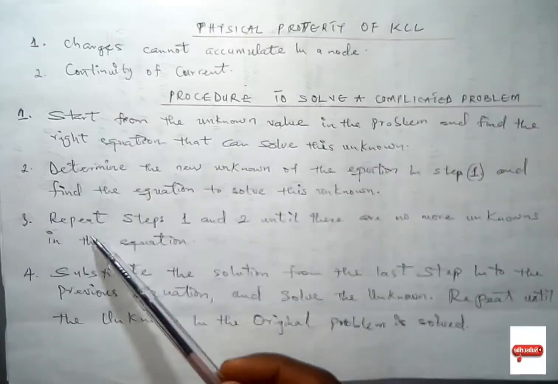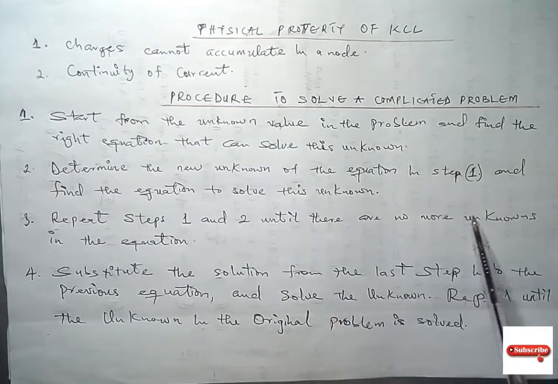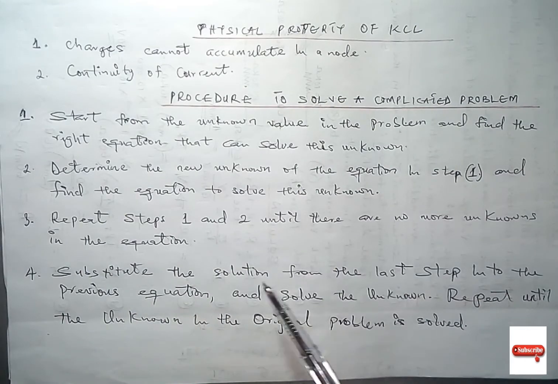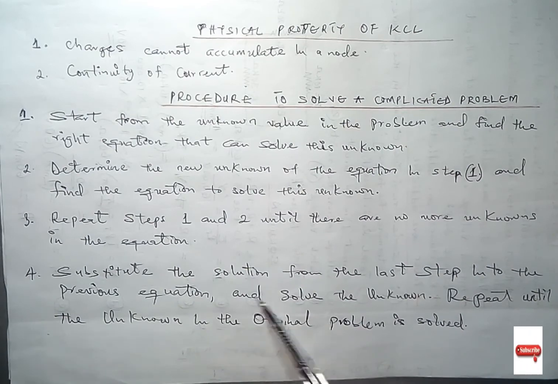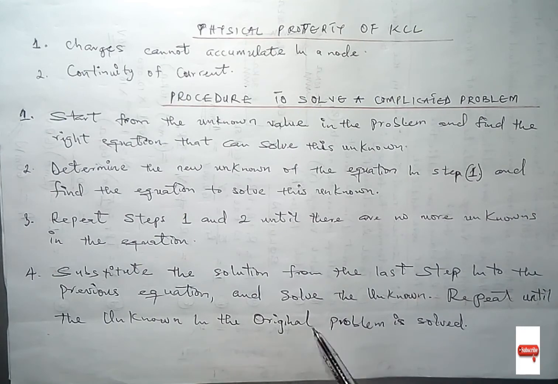Repeat steps 1 and 2 until there are no more unknowns in the equation. The last part is to substitute the solution from the last step into the previous equation, just like what we did the other time, and solve the unknown. Repeat until the unknown in the original problem is finally solved.